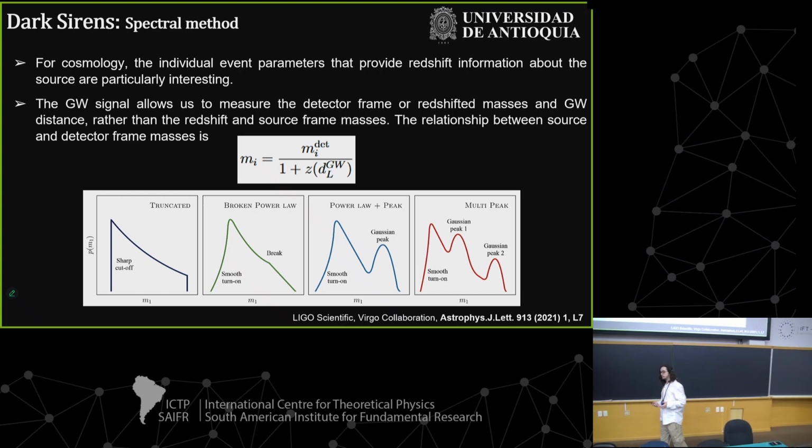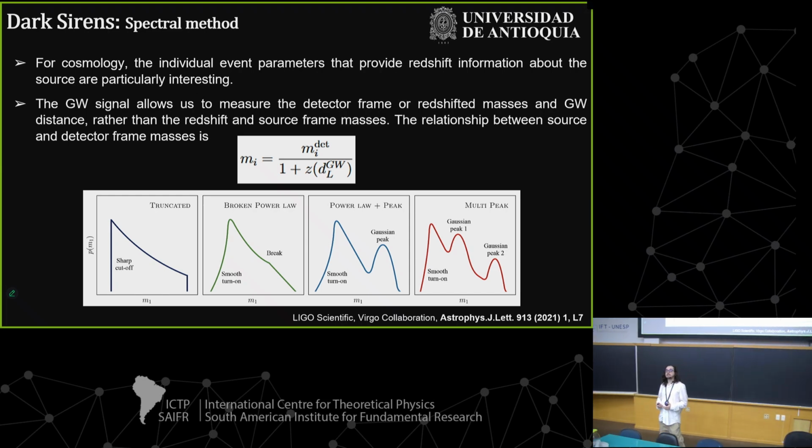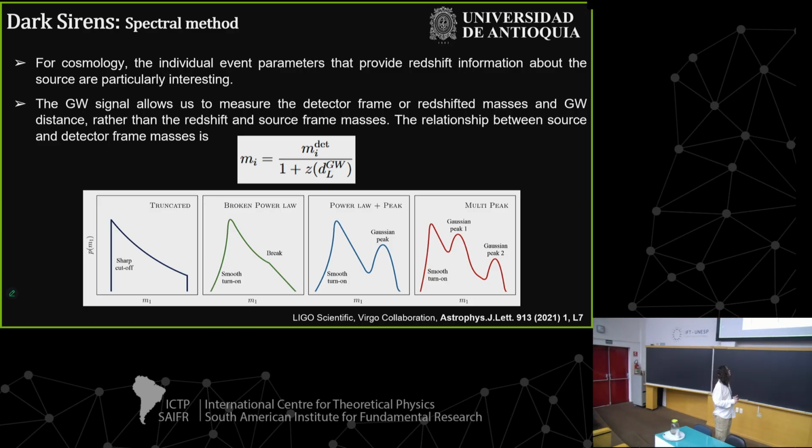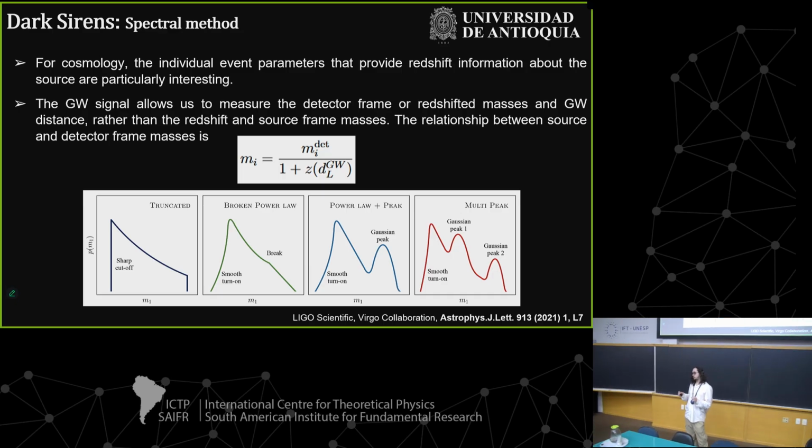When you don't have an electromagnetic counterpart, then you need to do some other kind of analysis in order to constrain cosmological parameters. In that case, when you don't detect the electromagnetic counterpart, we talk about dark sirens. I like to mention, as a general point, that dark sirens include what are called spectral sirens and what are called dark sirens, particularly the case when you also include the galaxy catalog information.